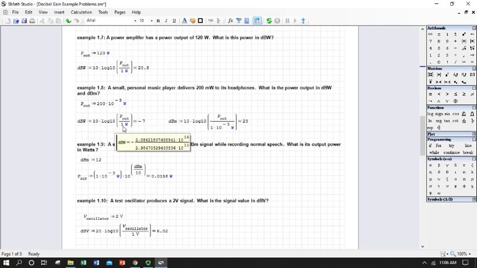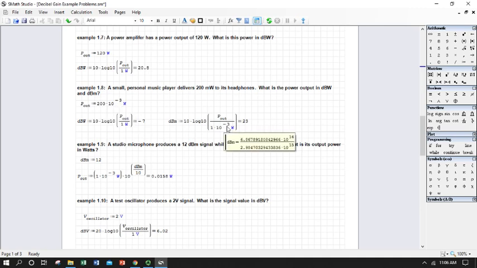So here's where we have it. This is our dBW. P out is 200 times 10 to the minus 3 watts. That doesn't change. It's in both expressions. And that's how it's defined up here. And our dBW is going to use a 1 watt reference. So we're going to be taking the log base 10 of a fairly small number, but not too small.